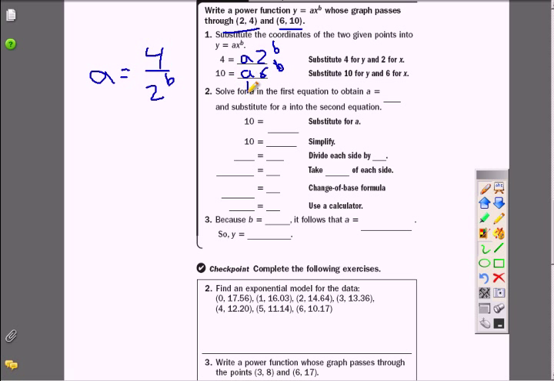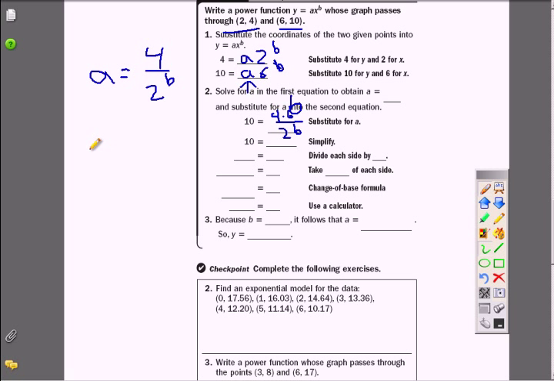So then I'm going to substitute that right in here, and I'm going to get on the top 4 times 6 to the b over on the bottom 2 to the b. Because both of those are to the b power, that gives me an advantage.